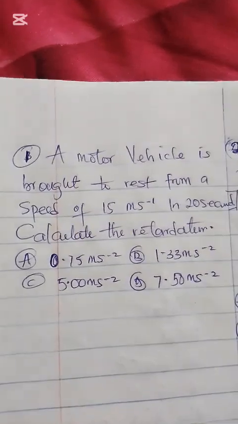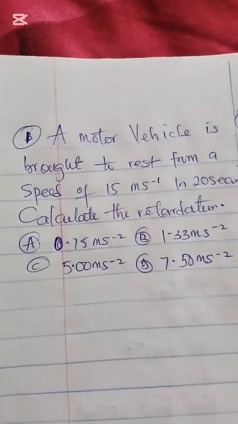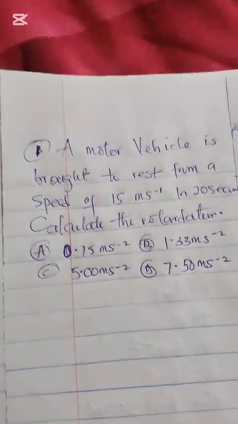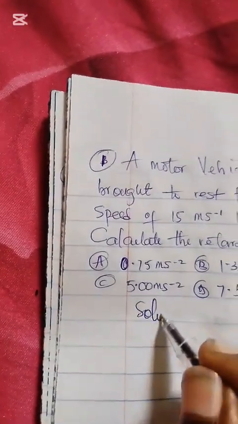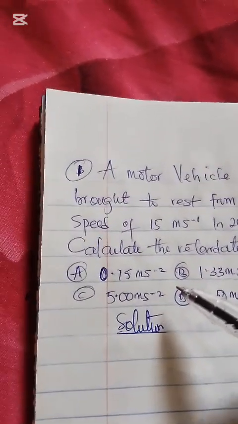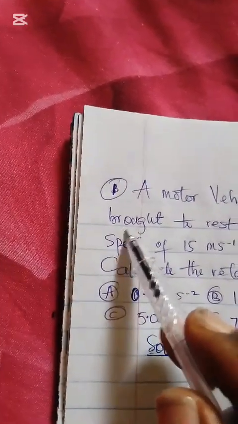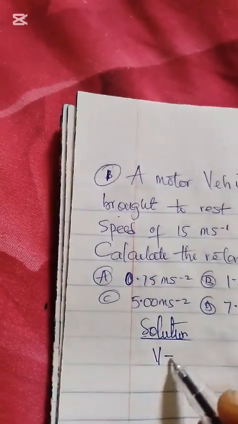A motor vehicle is brought to rest from a speed of 15 meters per second in 20 seconds. Calculate the retardation. Solution. The first thing you do is to list out the quantities involved. A vehicle is brought to rest. Since the object is brought to rest, it simply means that final velocity is 0.